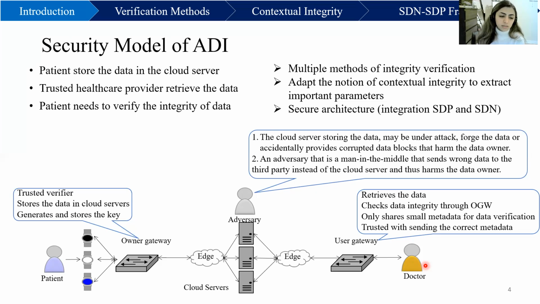Based on the patient's requirements, the patient's data, the patient's context, and many other parameters, multiple methods of data integrity may be required. For example, imagine that I have a wearable device and imagine that I had a heart attack, and this wearable device is measuring the number of steps that I walk every day and also my heart rate.